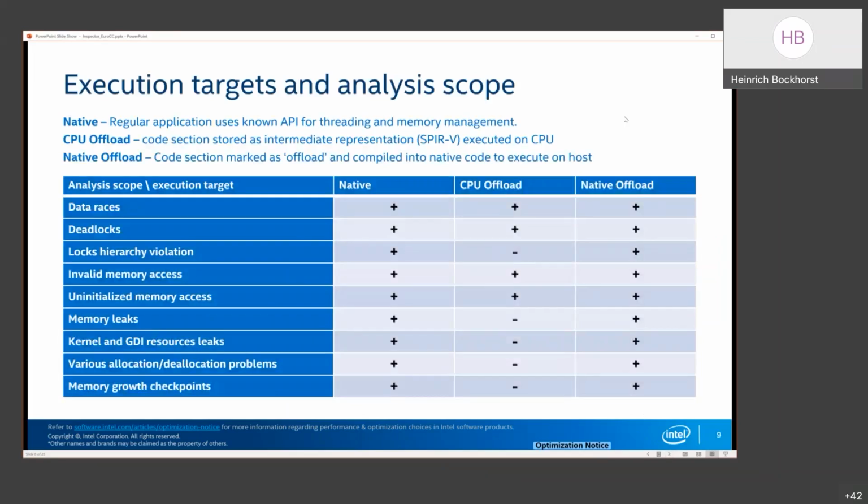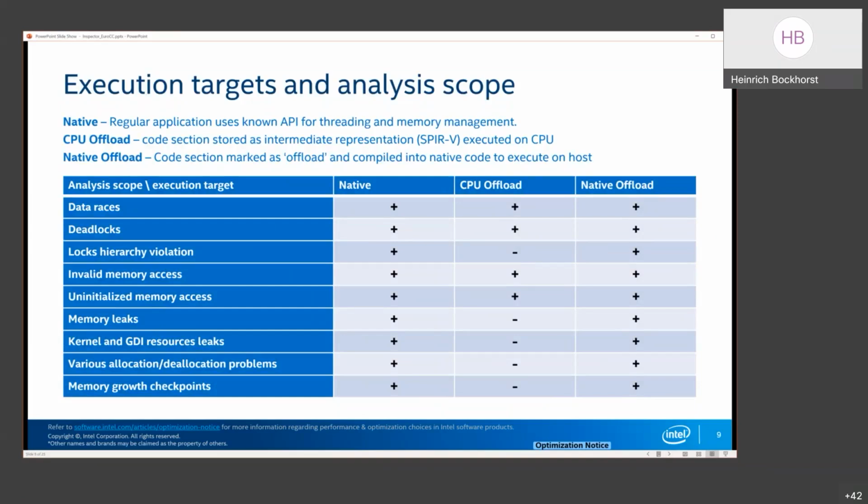So what can it see or detect? Here are three modes. Native is just the usual usage on the host. And CPU offload is that you use, for example, SYCL code, but you don't run it on the GPU, but instead run it on the CPU.